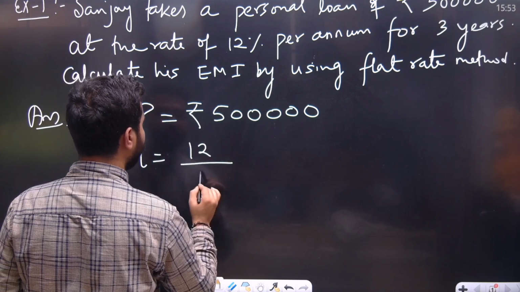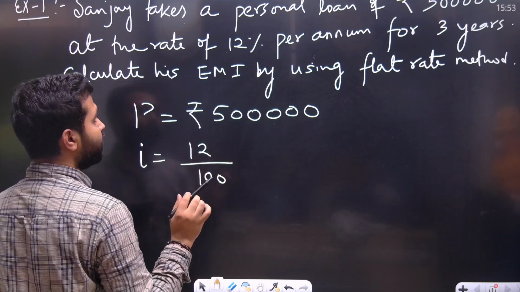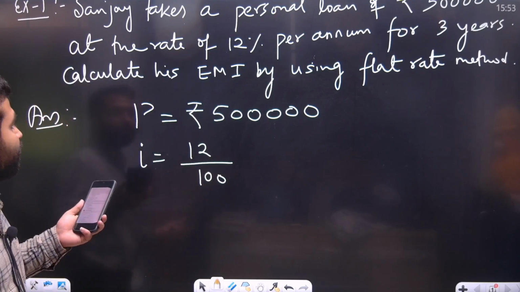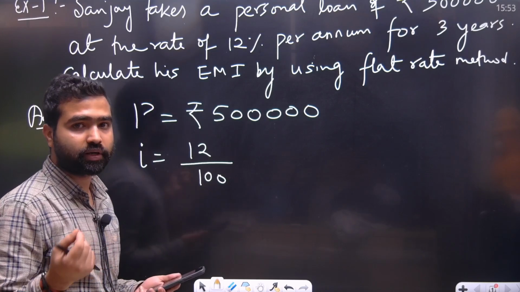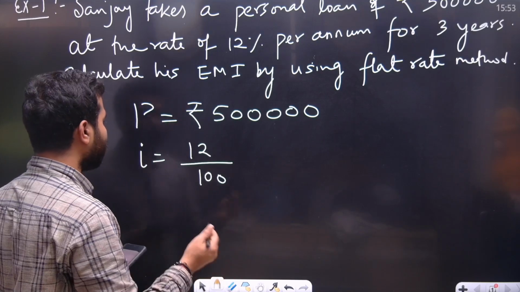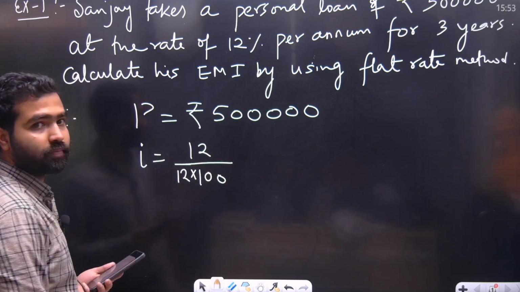Percent means divide by 100, so 12% means 12 by 100. It is per annum, meaning per year, but our I is the interest rate per month. So in 1 year there are 12 months, right? So for every month it has to be divided by 12.